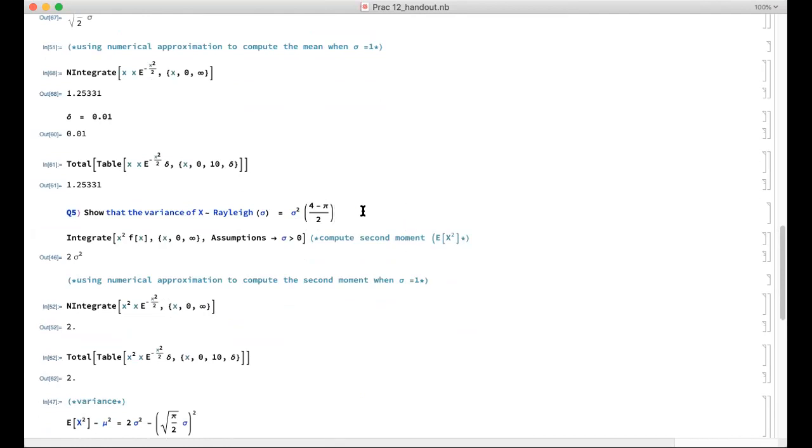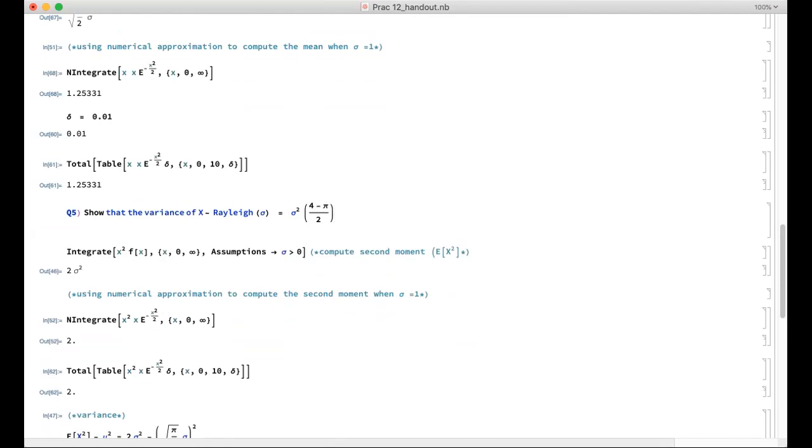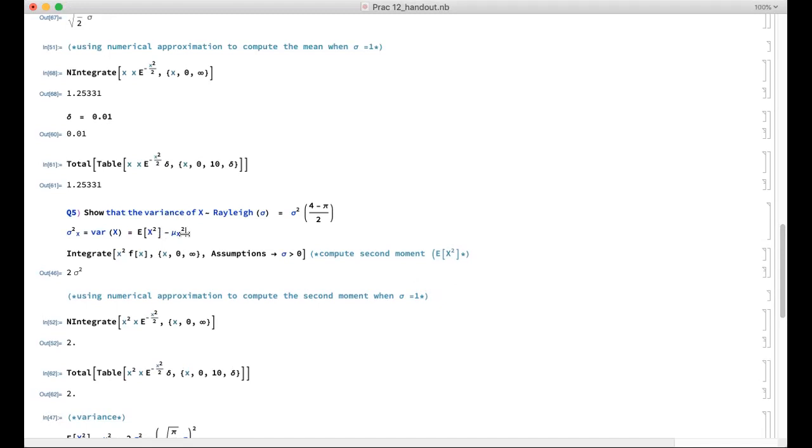Okay, remember how we computed variance last week? Let me show you. From last week, we know that the variance of a random variable is given by its second moment, the expected value of x squared, minus mu x squared. That mu is the mean squared.